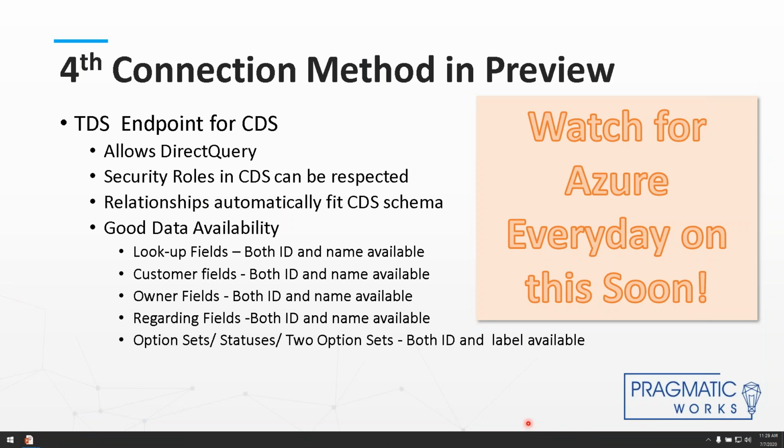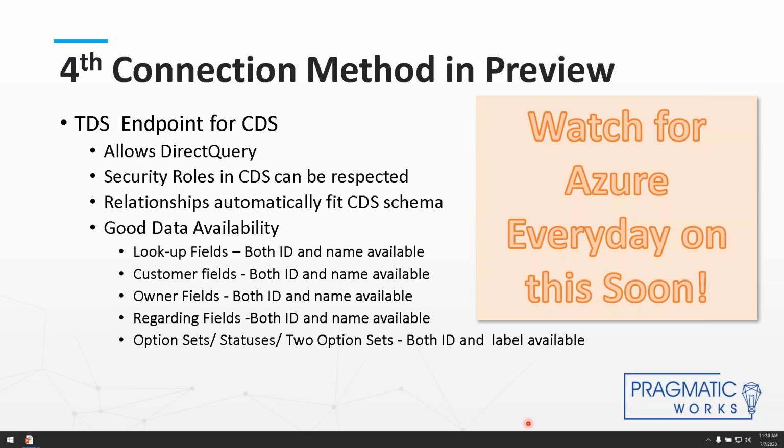There actually is a fourth connector that's in preview right now. It's called the TDS endpoint connector. If you are familiar with Power BI, there are two ways to connect data. You can either import data, or you can do what's called a direct connect.